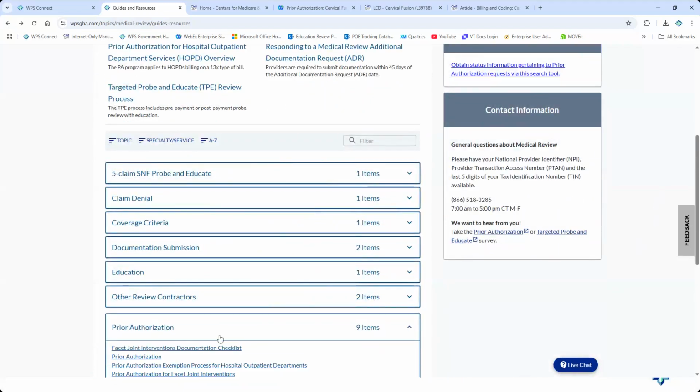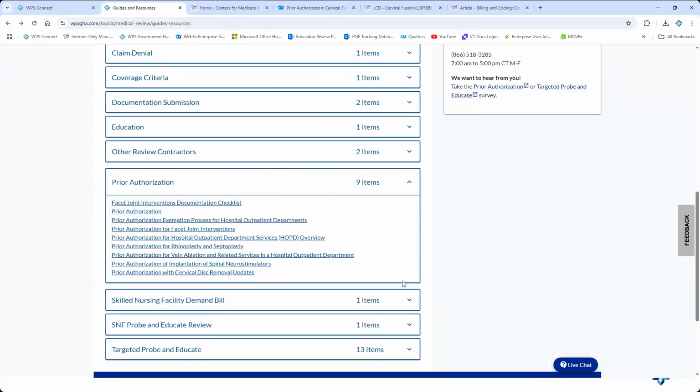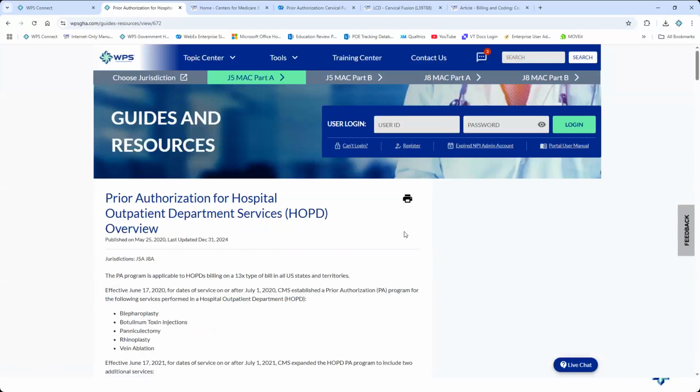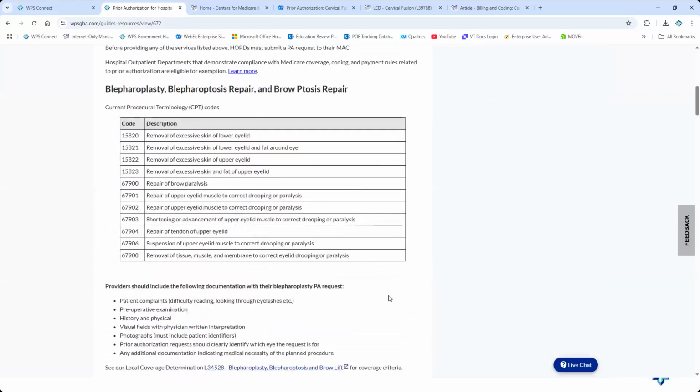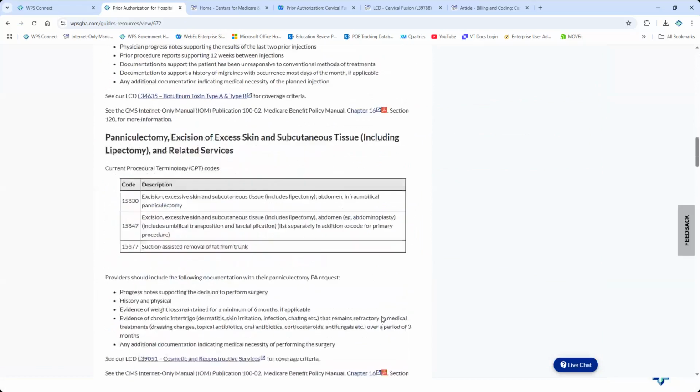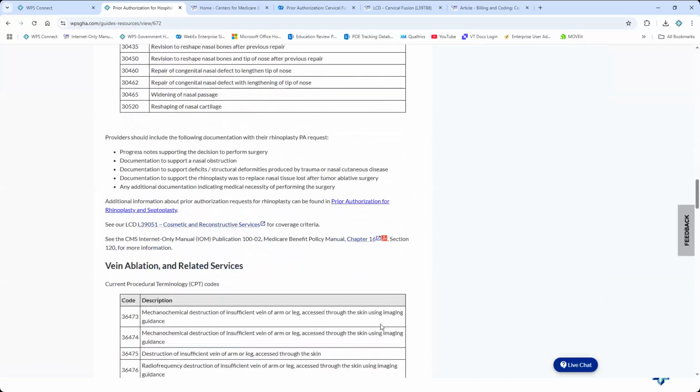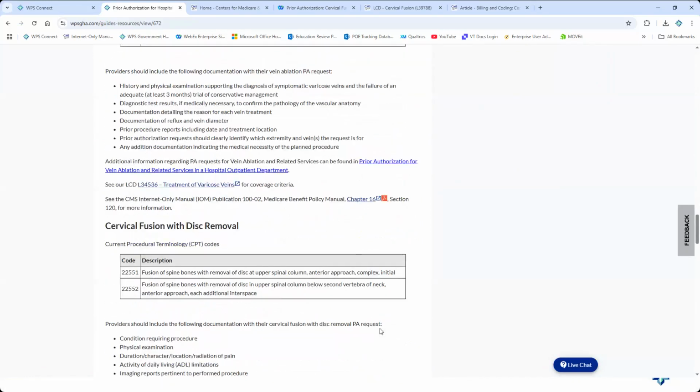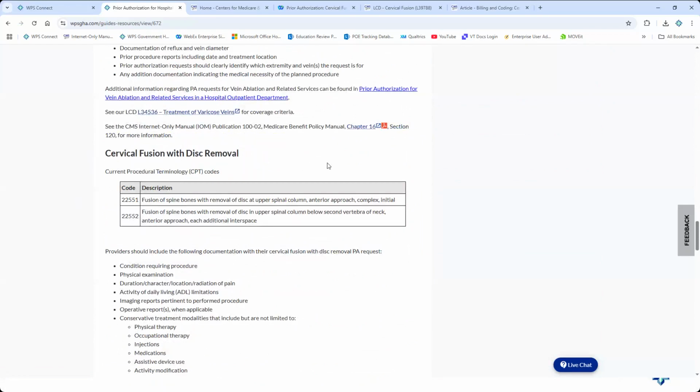So if I go back to prior authorizations and go to the overview, I can then also look at, I'm scrolling medium fast, the CPT codes that must require a prior authorization request under this HOPD process.